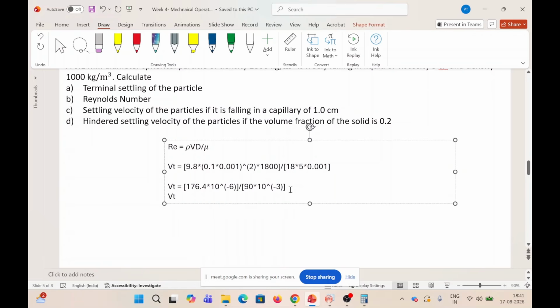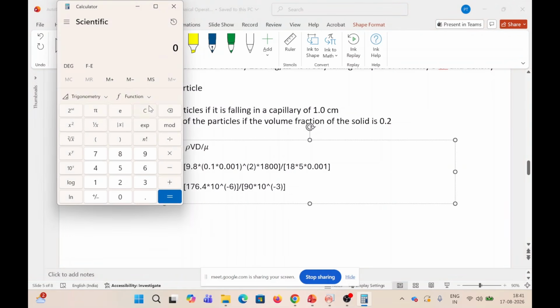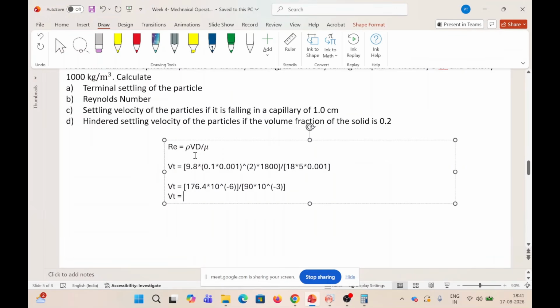So Vt is going to be 1.96 times 10 to the power minus 3.